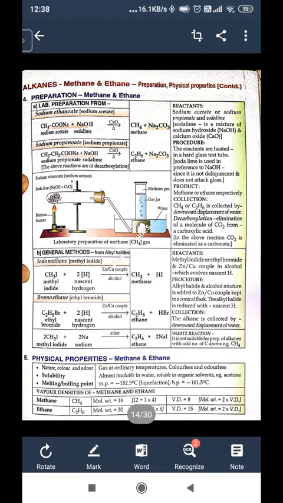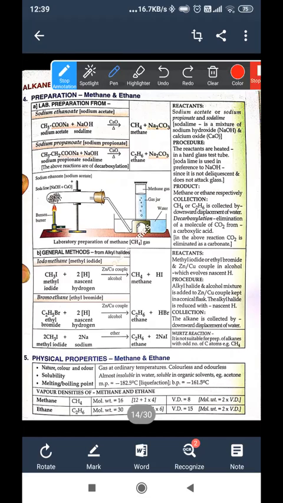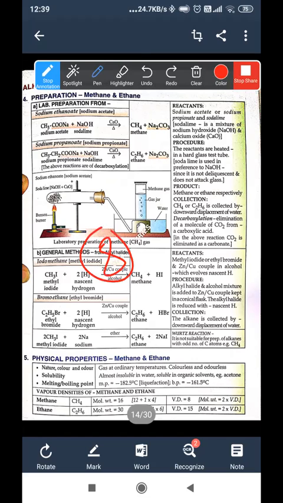Now here vapor density is given. Molecular weight is double the vapor density. That means if the vapor density is 8, multiply it by 2 and you get the molecular weight. If the vapor density is 15, multiplying by 2 gives 30. In short, molecular mass is double the vapor density. For example, if 8 is given, multiply by 2 and you get 16 as the molecular mass. The vapor density of ethane is 15, so multiply by 2 and you get 30.